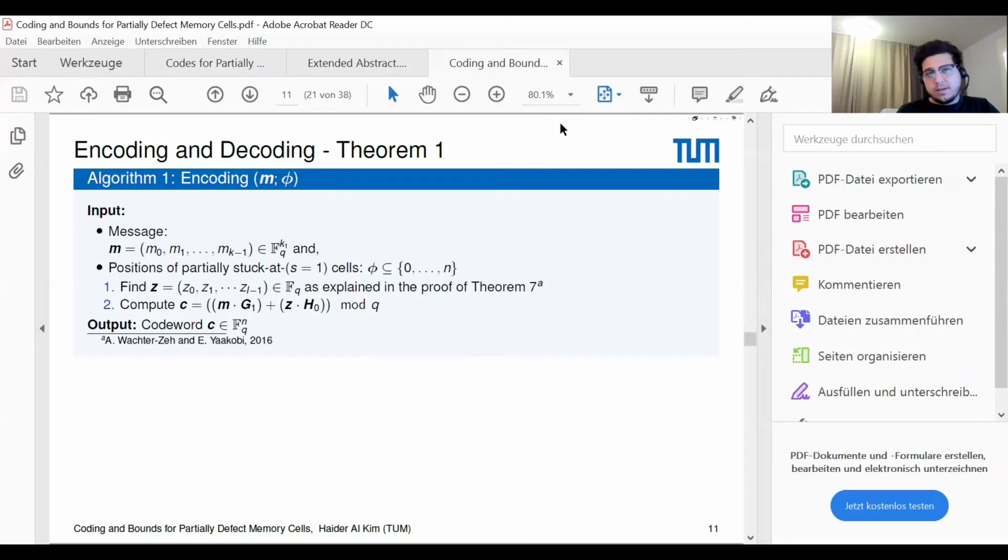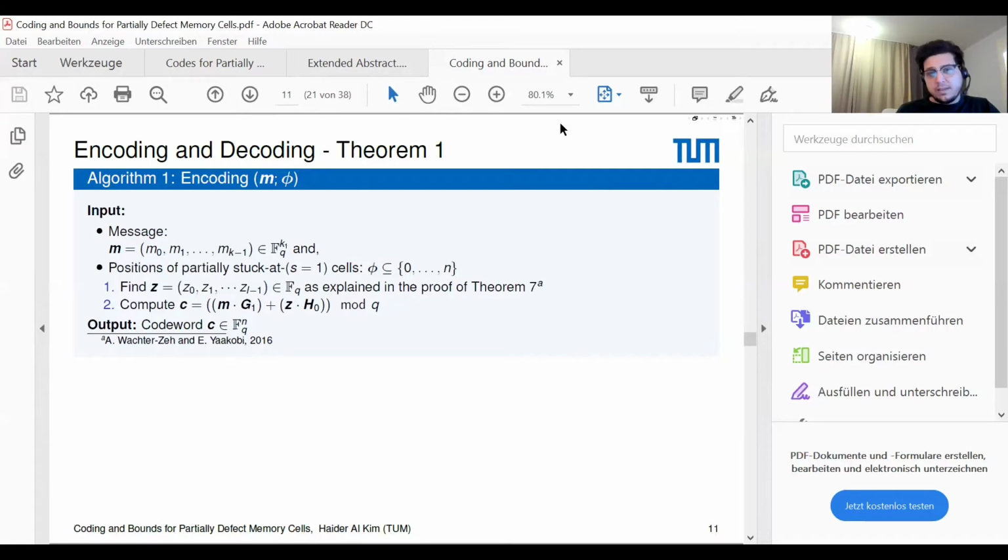So we find some vector called Z vector in F_q, and this is explained in theorem 7 in Wachter-Zeh and Yaakobi, and we will also repeat part of the proof here, and compute the codeword C, which is the multiplication of M, the message, multiplied by the upper half of the generator matrix G, which is G1, plus this Z vector multiplied by H0, the parity check matrix from the generator matrix G as well.